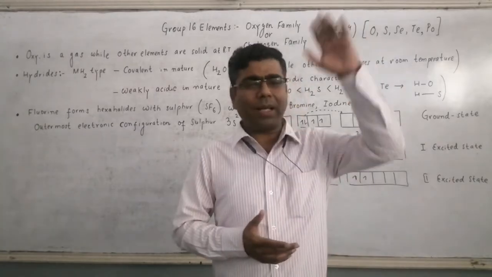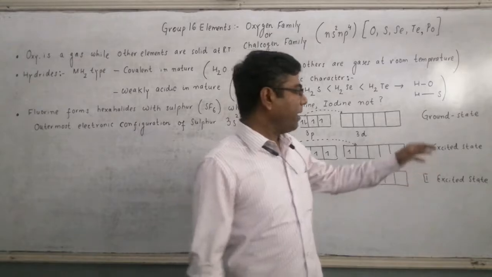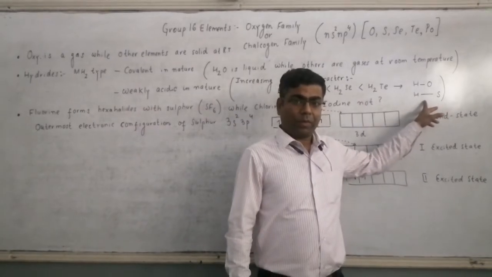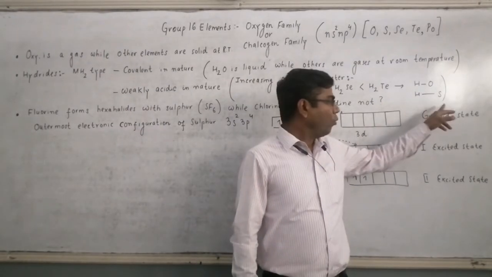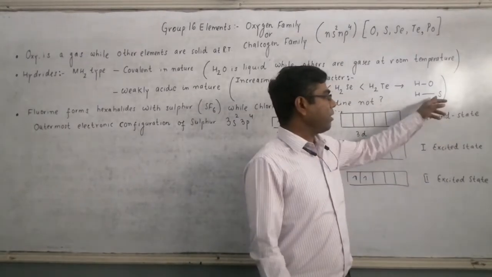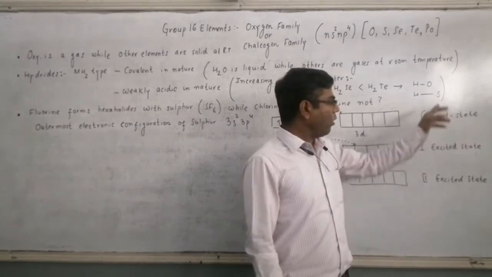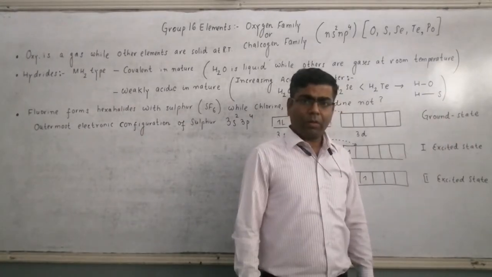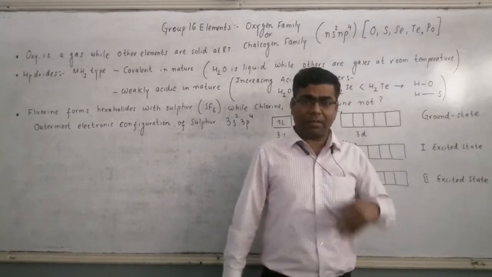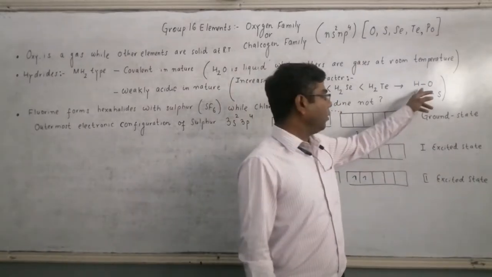With the increase in bond length, bond strength decreases. So here bond strength is less due to more bond length. Why is the bond length more? Because the atomic size of sulfur is more than oxygen. So cleavage of the H-S bond is easy. So H can be released in the form of H plus ion easily if compared with the O-H bond.